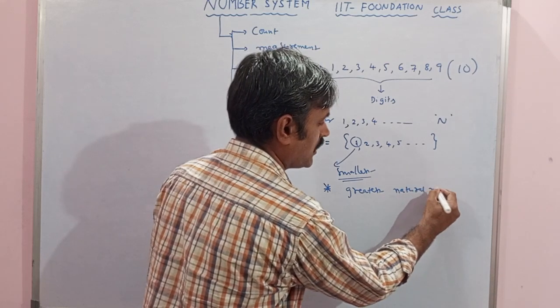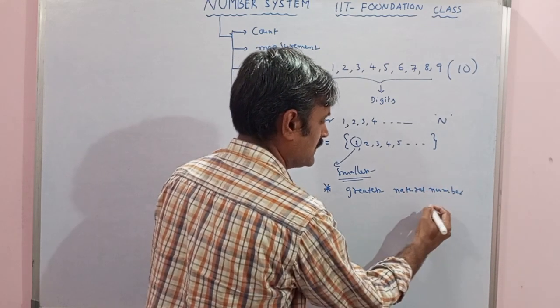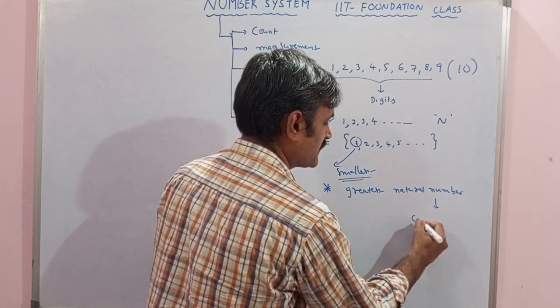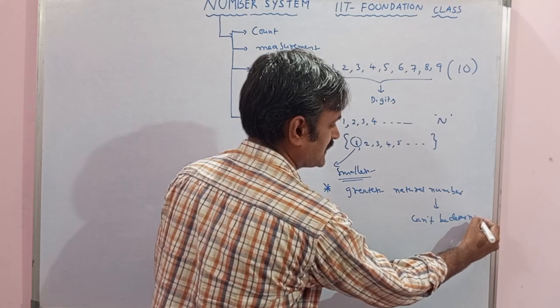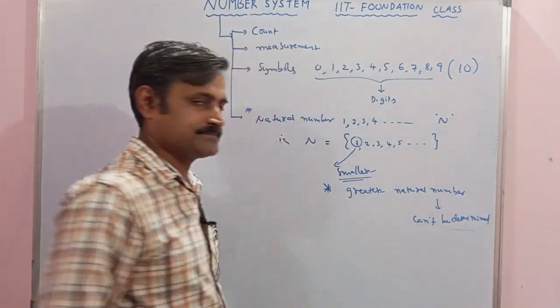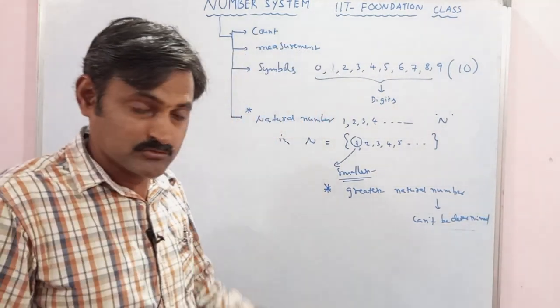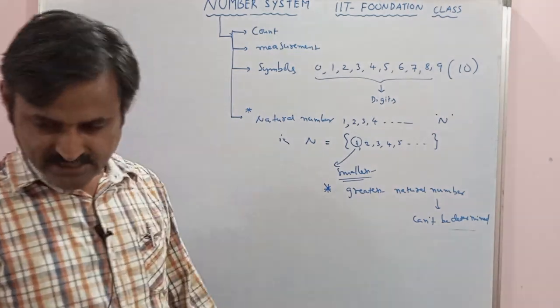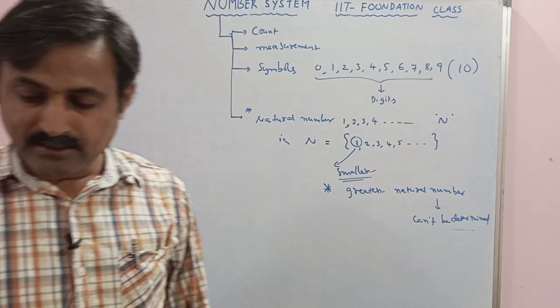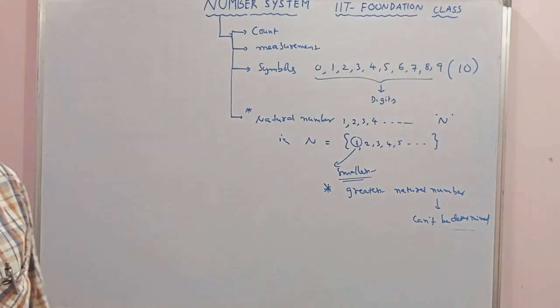The greatest natural number cannot be found. If the greatest natural number is asked in a question, you can say it cannot be determined. You cannot say infinity or unlimited; that number cannot be determined.